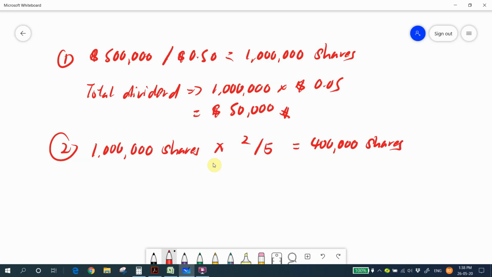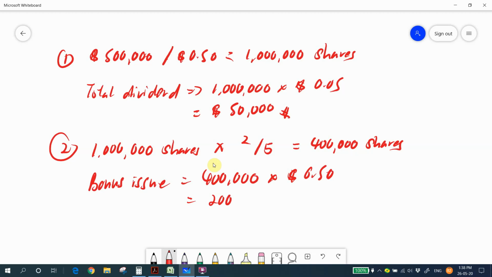And what is the value of this bonus issue? So our bonus issue will be 400,000 shares times the par value per share, which is 5 cents. So total 200,000.